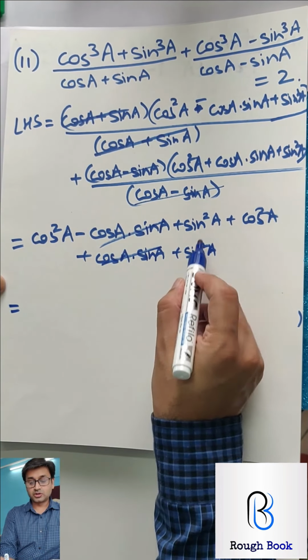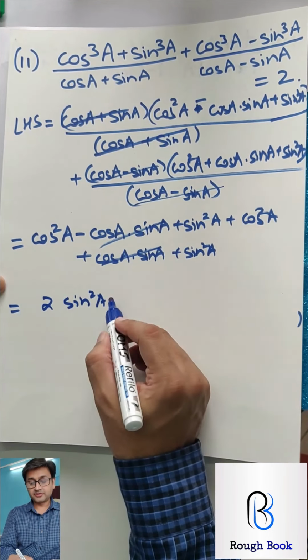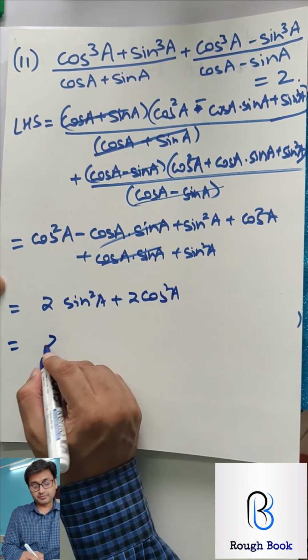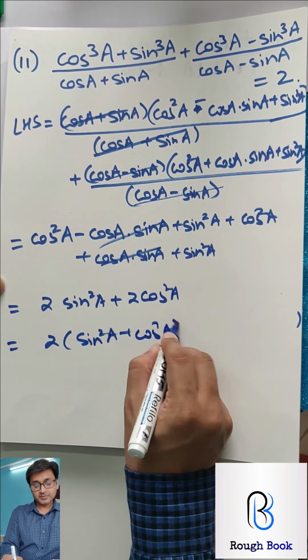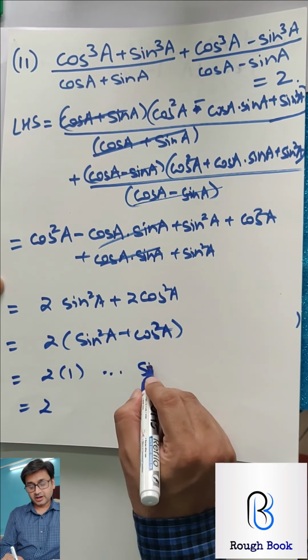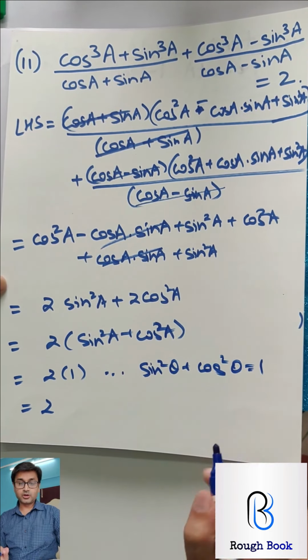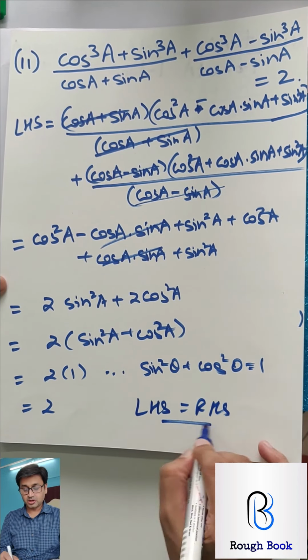What is left is 2 times sin square and 2 times cos square. Come on, now it is very simple. Pull out 2 common. So I'll get sin square plus cos square, and sin square plus cos square is 1. Don't forget to write the reason, otherwise you will lose 1 mark straight away. So sin square plus cos square is 1, you got 2. Therefore LHS is equal to RHS.